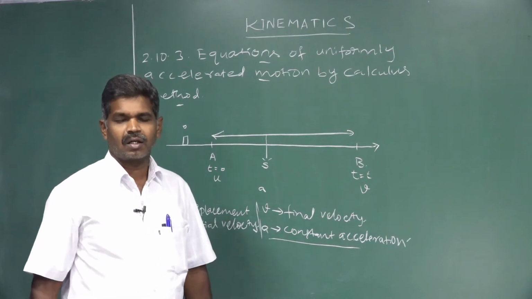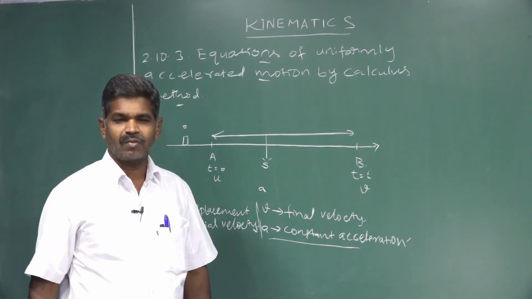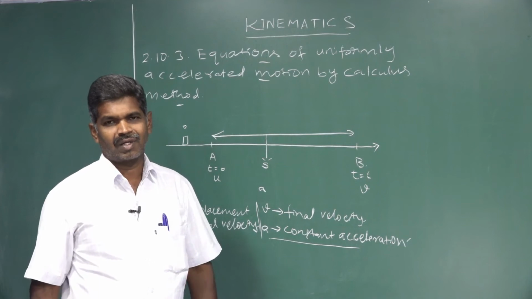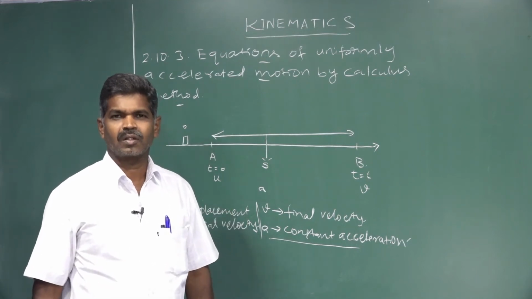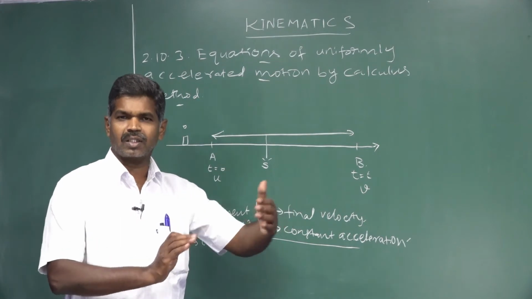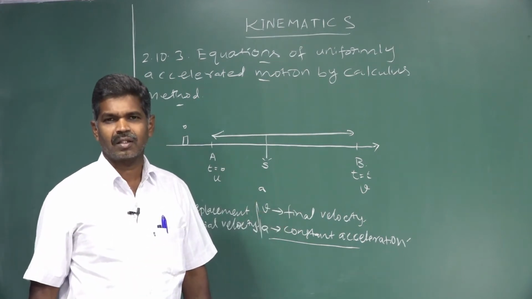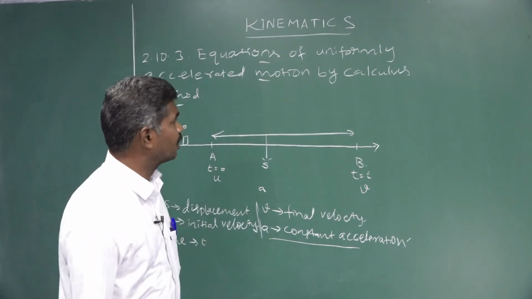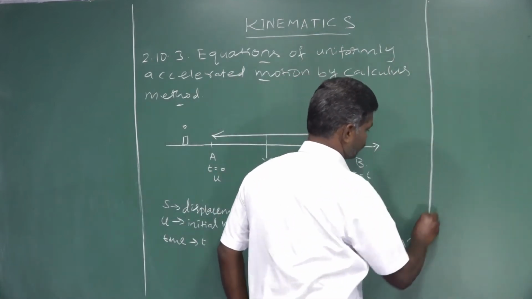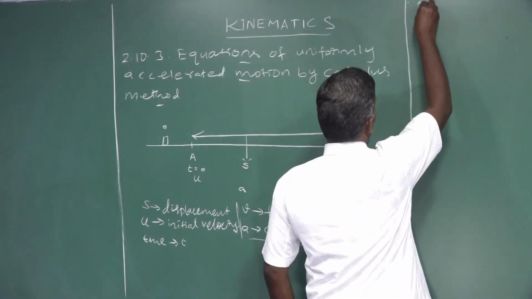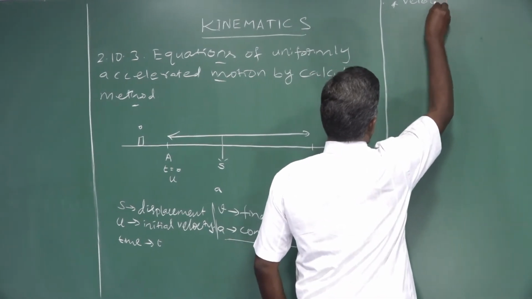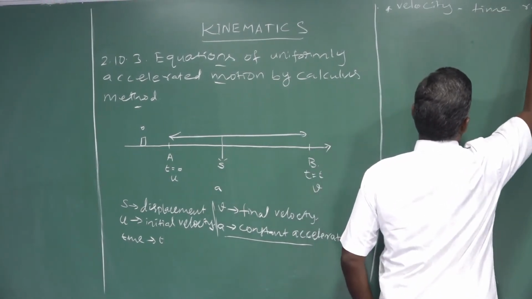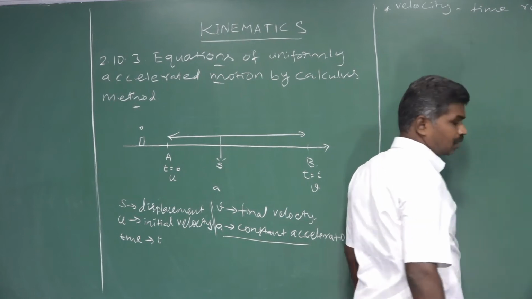So for that, according to our definition, we will give the velocity time relation. Velocity time relation is nothing but the first derivative of velocity, which is acceleration, but it should be with respect to time. So we are going to take a heading: velocity time relation.